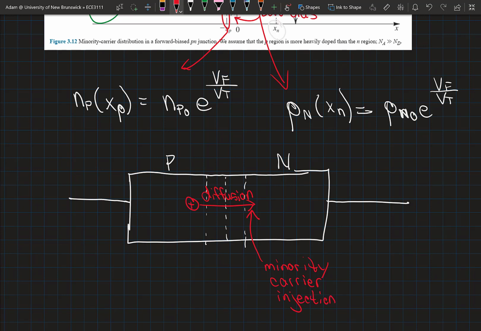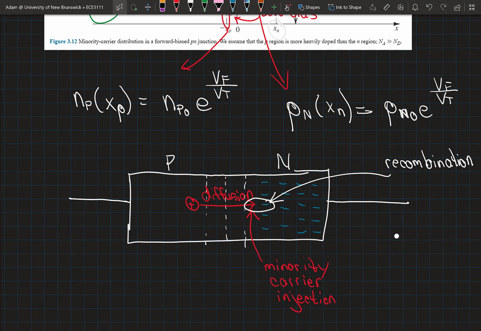and that minority carrier might eventually recombine with an electron. So if this recombination occurs, well, I've now lost an electron in the N-type material, which would suggest that it has become more positively charged.